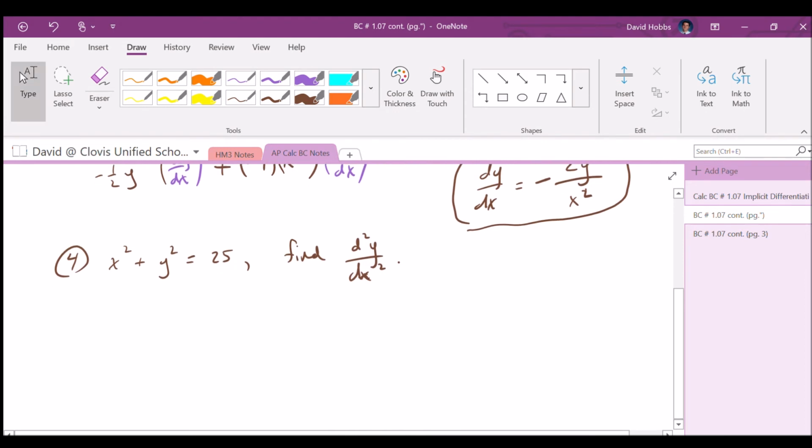Okay, number 4, find the second derivative of y with respect to x. Well, how do we find the second derivative of y? First, you have to find the first derivative of y. And so we're going to do the derivative of both sides of this equation with respect to x.